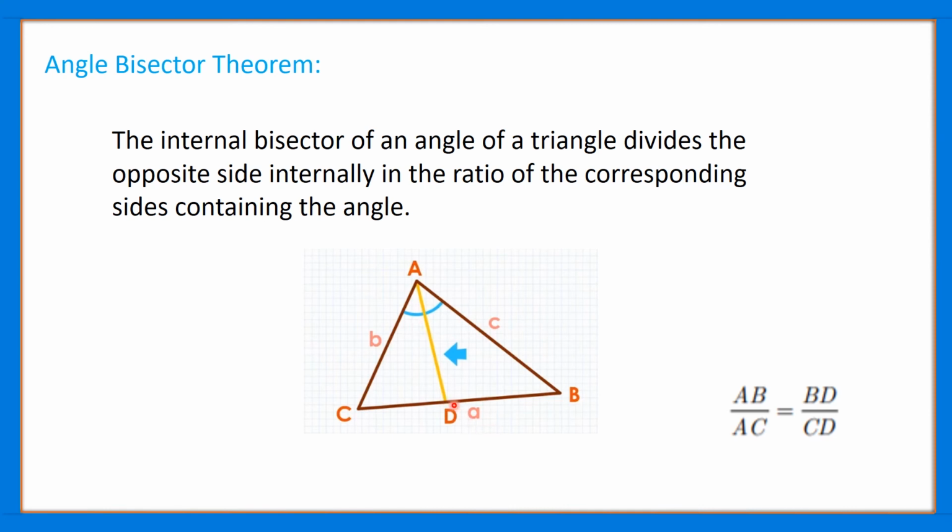That is, BD by CD is equal to AB by AC. This is what the theorem tells us. Similar to the Thales theorem, does the angle bisector theorem have a converse part?